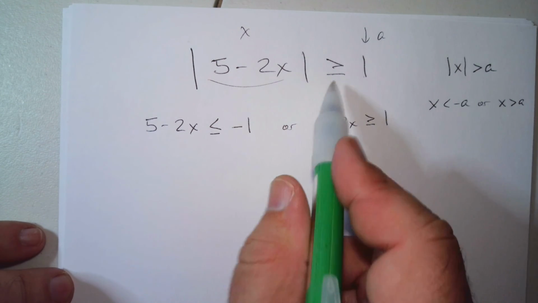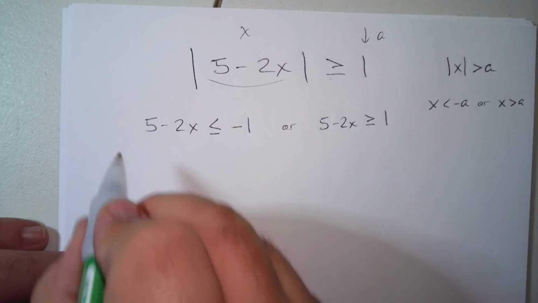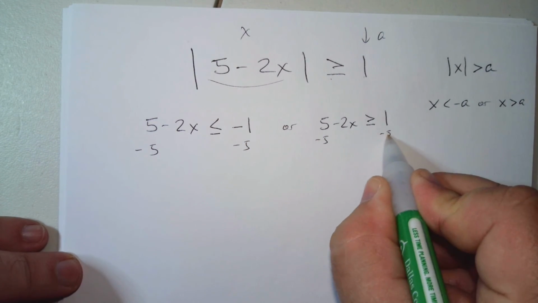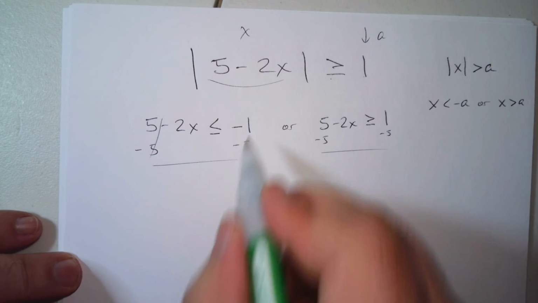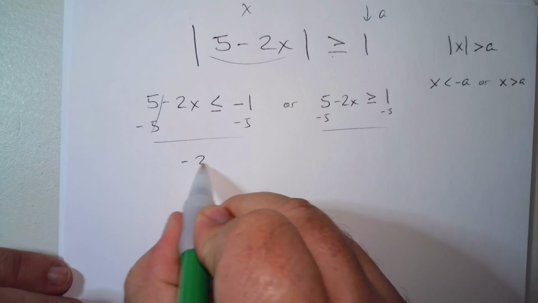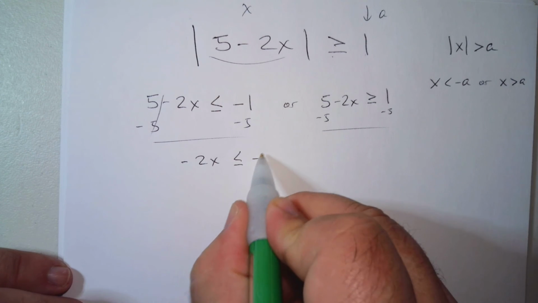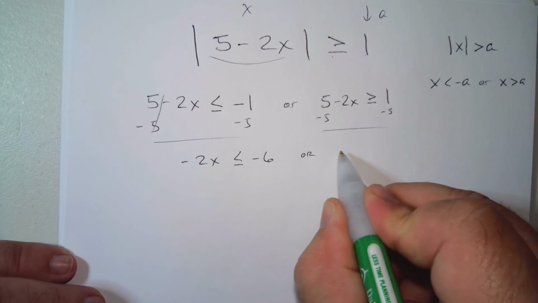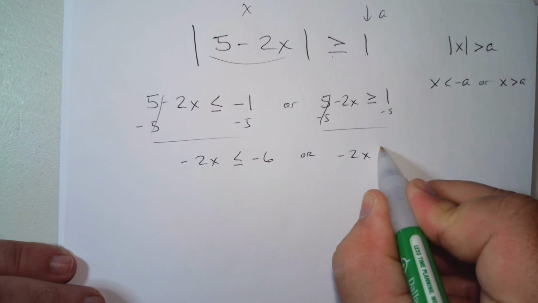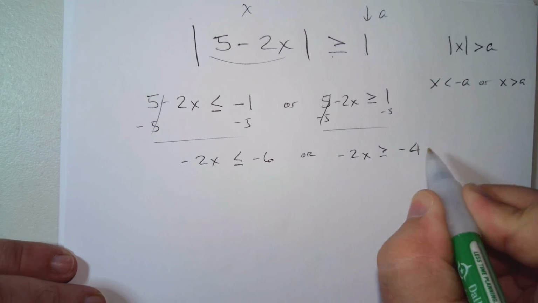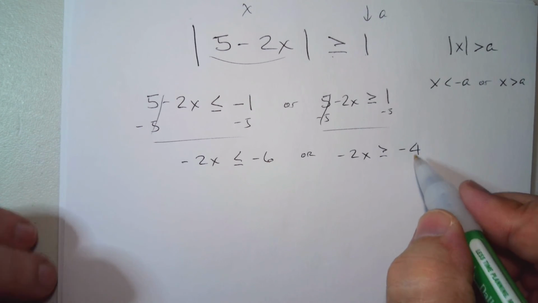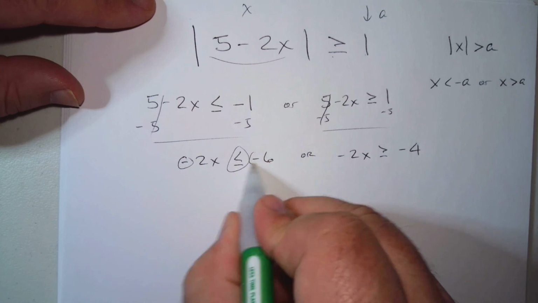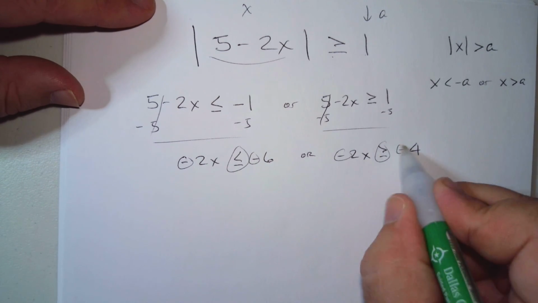So when I change the sign, I change this value of x. Subtract by 5. So I have negative 2x is less than or equal to negative 6. They're both negative, so I add them. Or negative 2x is greater than negative 4. 5 is bigger, so it's negative 5 minus 1 is negative 4. It's negative, so I change all the signs and the directions of the inequality.